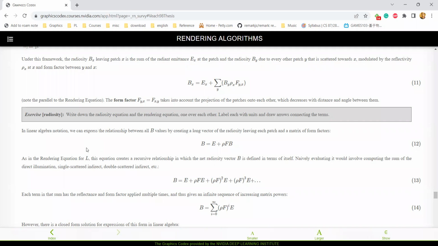As in the rendering equation for L, this equation creates a recursive relationship in which the net radiosity vector B is defined in terms of itself. Yeah, we are solving this equation basically.